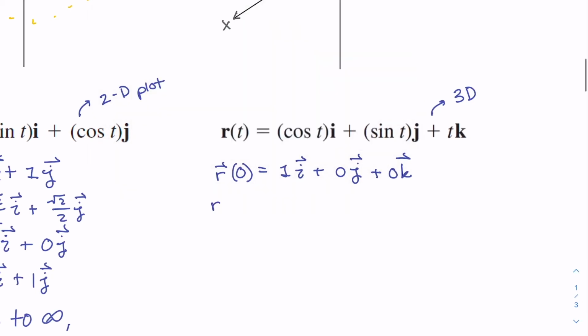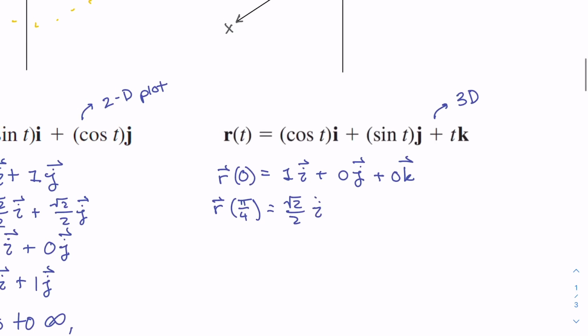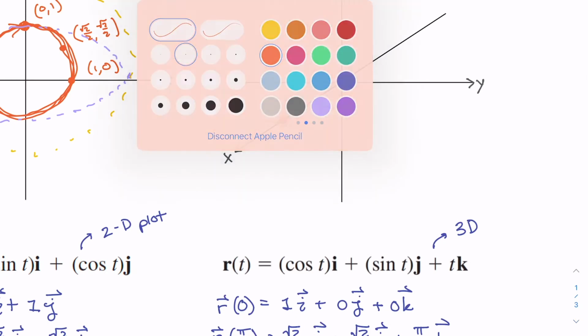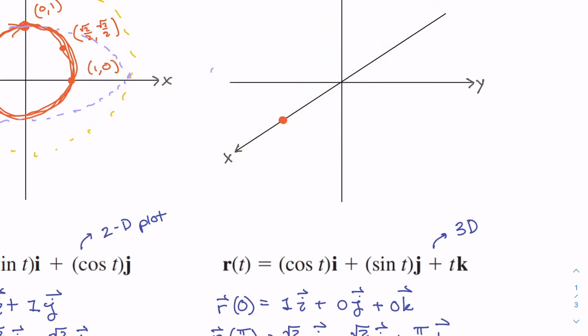So let's do r of pi fourths. That's going to be square root of 2 over 2 i, square root of 2 over 2 j, and t k, so it's just pi fourths k. So what is that going to look like? That's square root of 2 over 2 in the x and y directions.